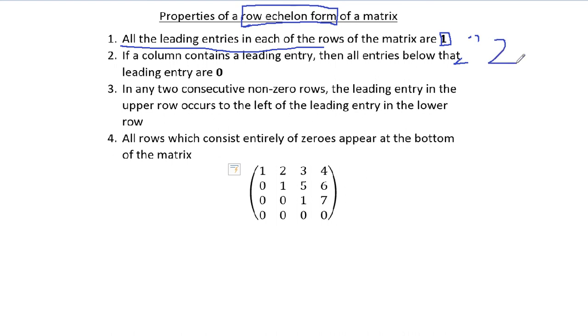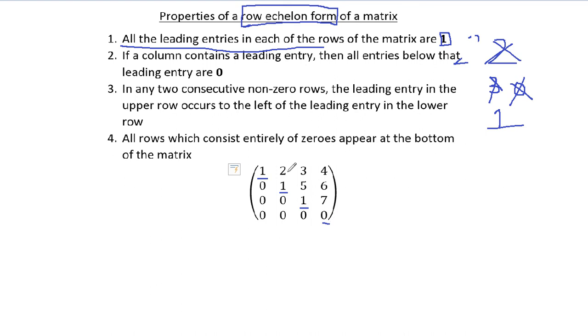It cannot be 3. It cannot be 0. It must only be 1. So as you can see, the leading entries in each of the rows are 1.